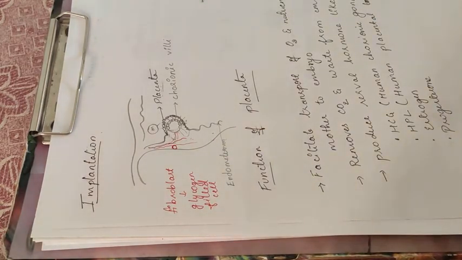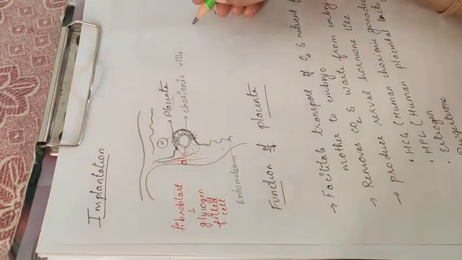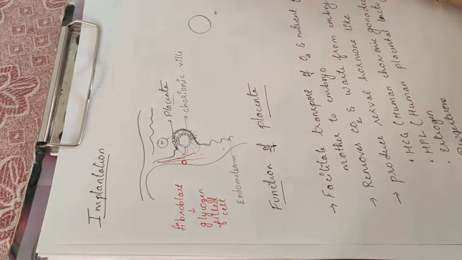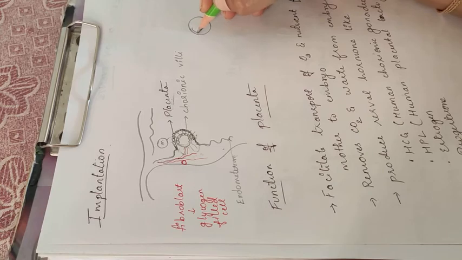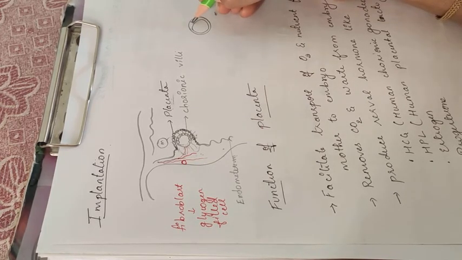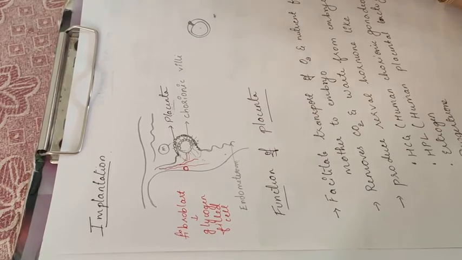And one more thing here is, if this is a placenta and this is our blastocyst, which will further develop into an embryo. There is a tube which is coming from the placenta to this embryo.